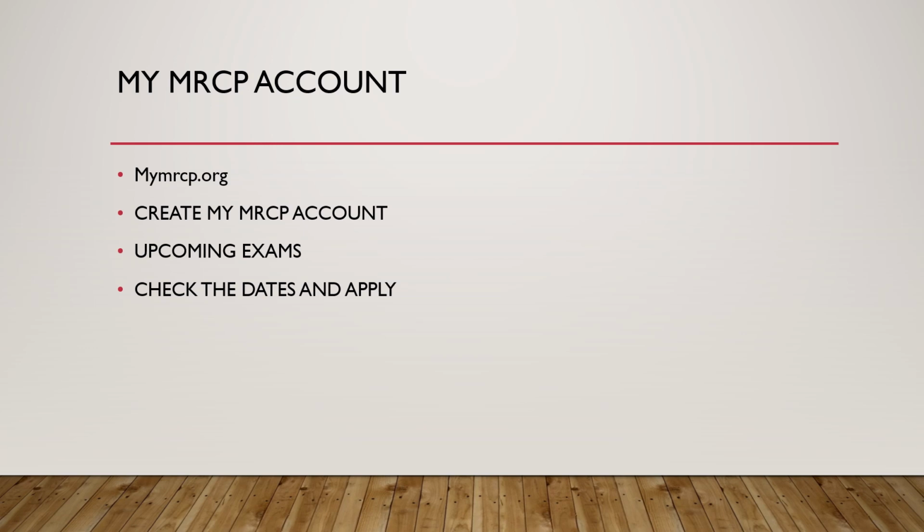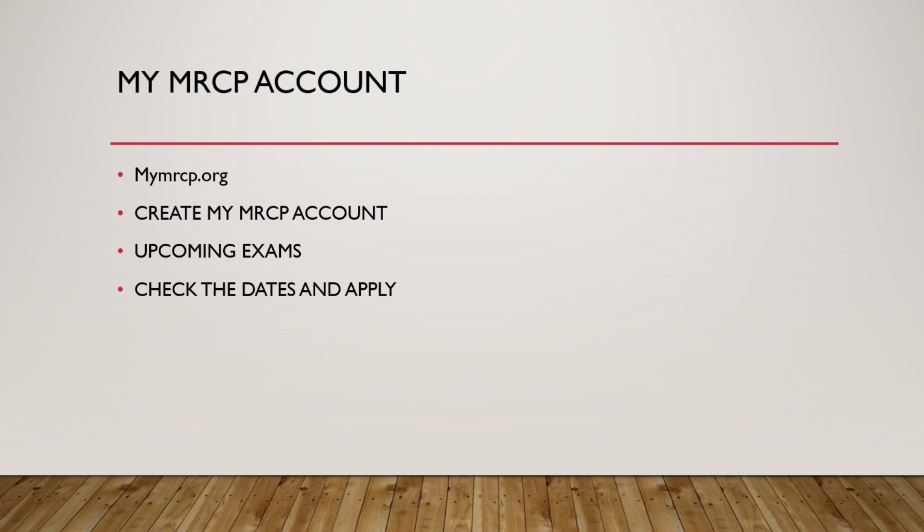After that you will be allotted an RCP code once your account is verified. This RCP code is very important, because whenever you have exams, this RCP code needs to be there, and you will be asked to bubble the OMR sheets with your RCP code, which is very important for your identification during these MRCP exams.